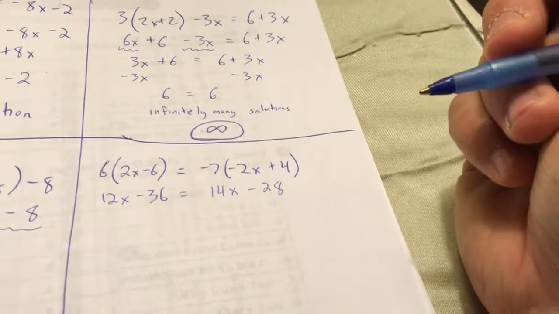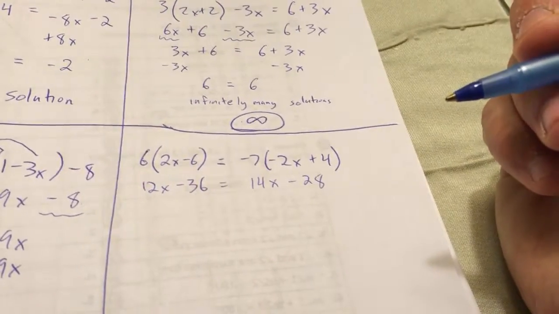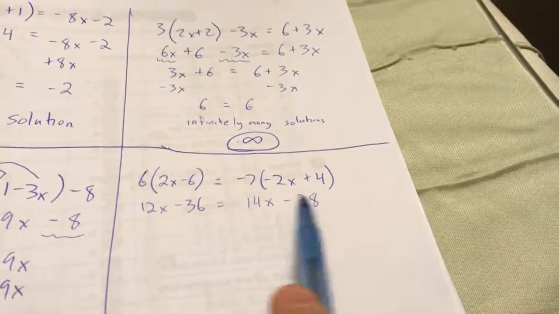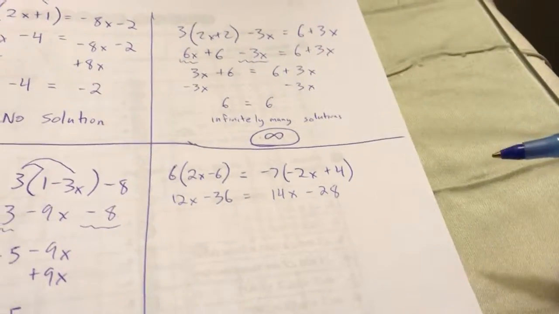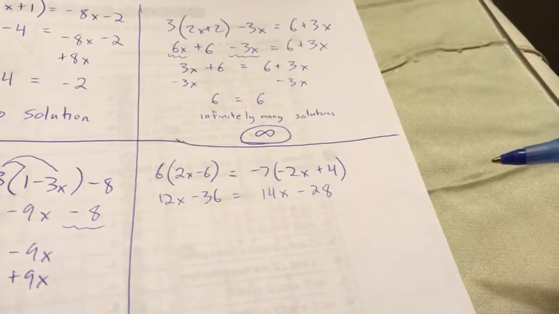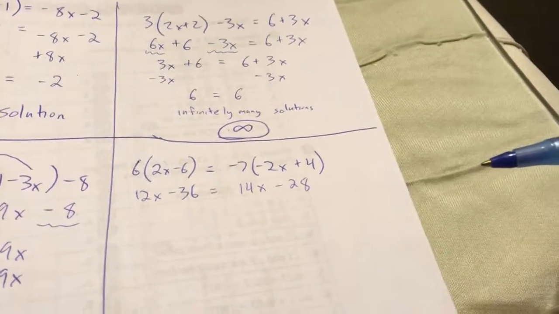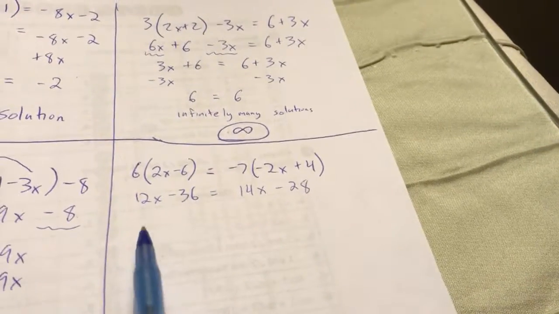So what do we notice here? What's our next step? Combine like terms if we need to, right? Do we have any like terms on the left side? We do not. Do we have any like terms on the right side? We do not. So we skip that step and go straight to getting all your x's on the same side. I haven't mentioned yet which side is better, but what do you think would be better?